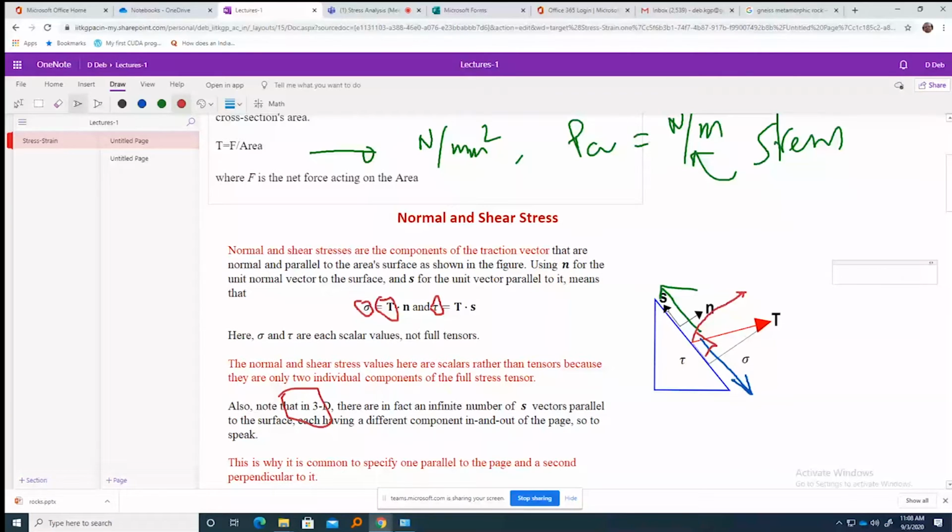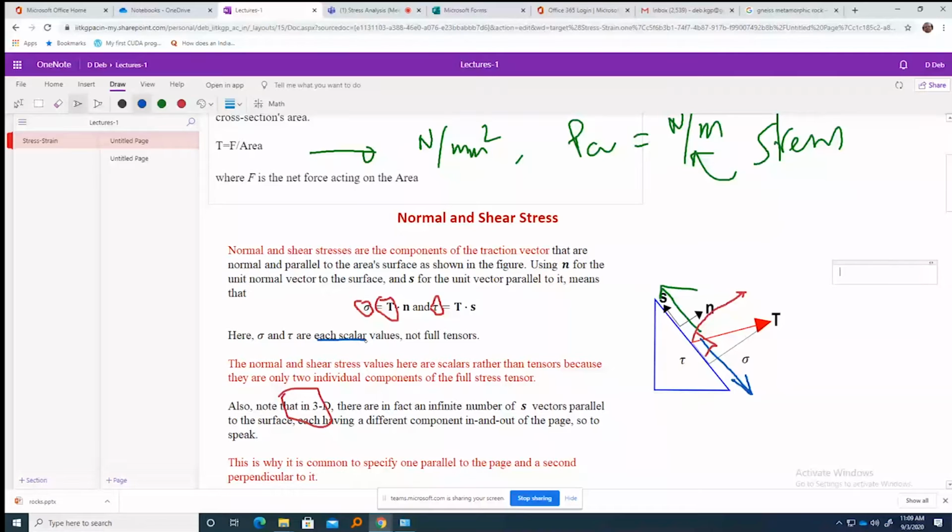And you know this dot meaning the dot product. Now in this case, you see that sigma and tau both are given as a scalar, just the values we have given.